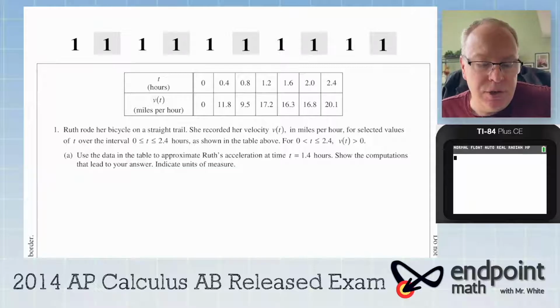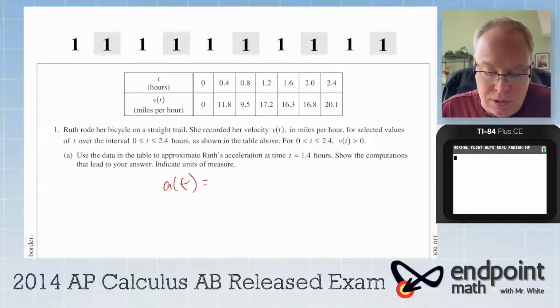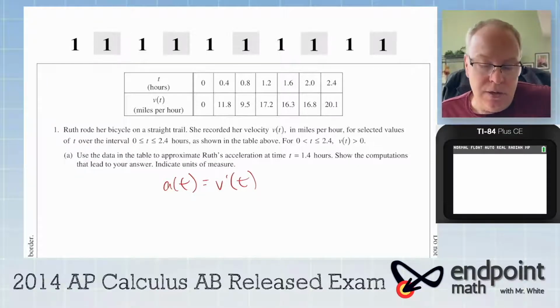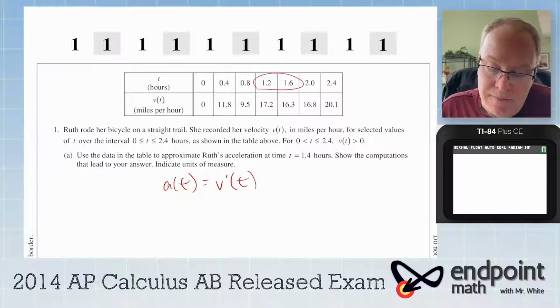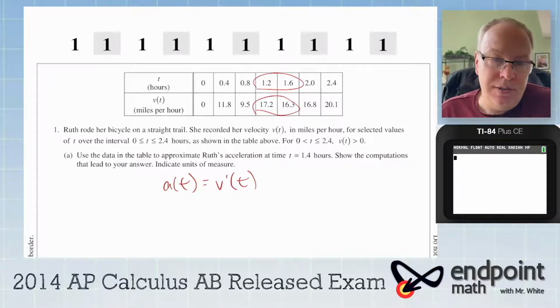And acceleration, as you know, is the derivative of velocity. Now, the best we can do is just find the slope of the secant line.